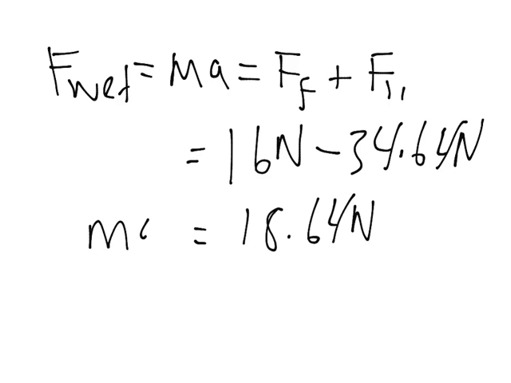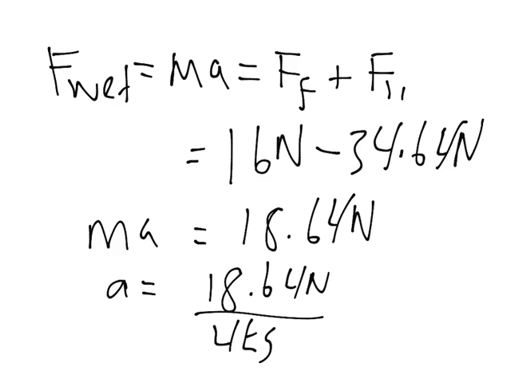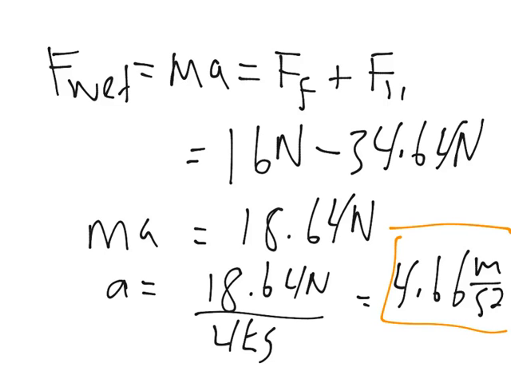So we know that this is equal to MA. We know that M is 4, so A is equal to 18.64 newtons divided by 4 kilograms, which is equal to 4.66 meters per second squared. And that is the final answer to the acceleration.